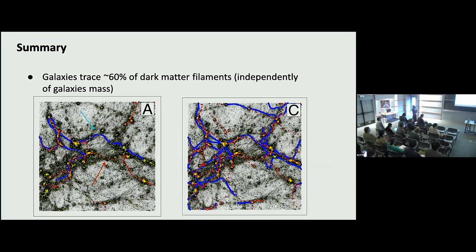Number of filaments. Okay, do you know the other one, the number of galaxies? Galaxies defined as members of filaments, yes, it's around 80% of the galaxies that will be defined as members of the filaments in both filament systems.